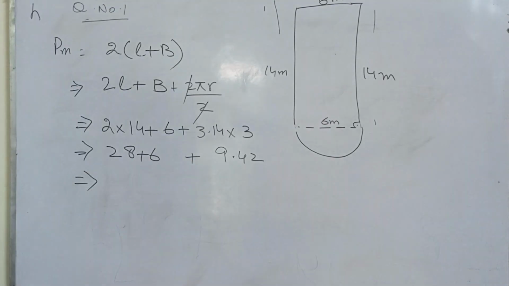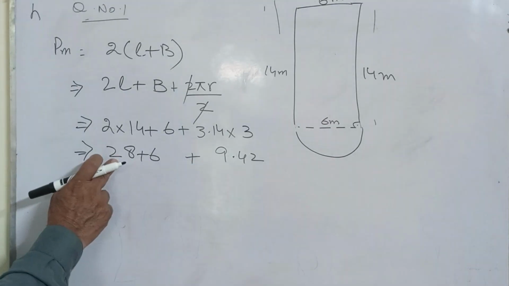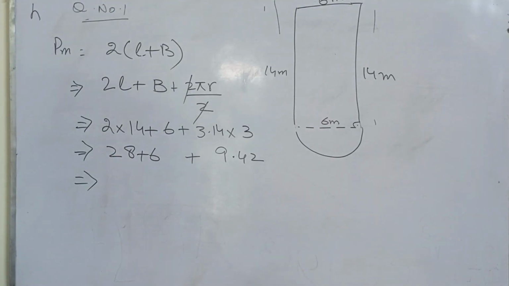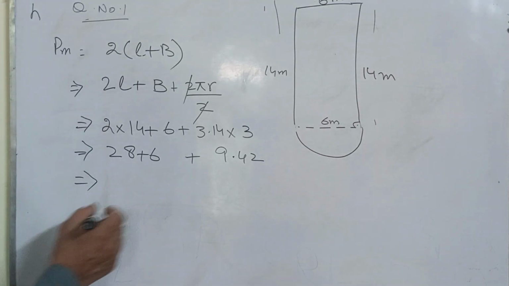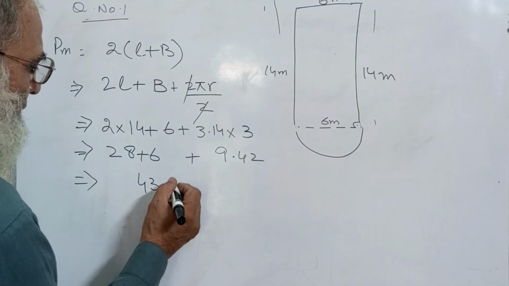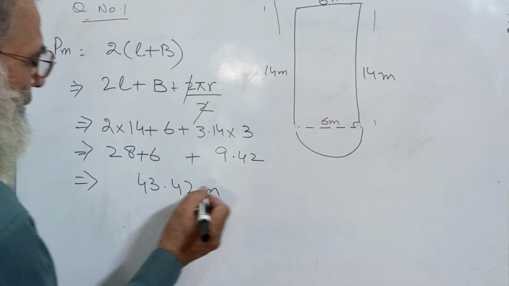Everything has come in addition now. 28 plus 6 plus 9.42 is equal to 43.42 meters.